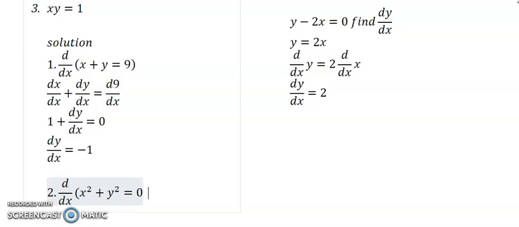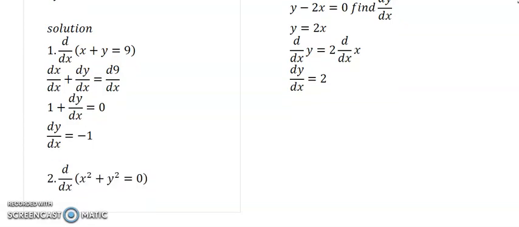Okay, equal to 0. Then let's go ahead and solve this one.